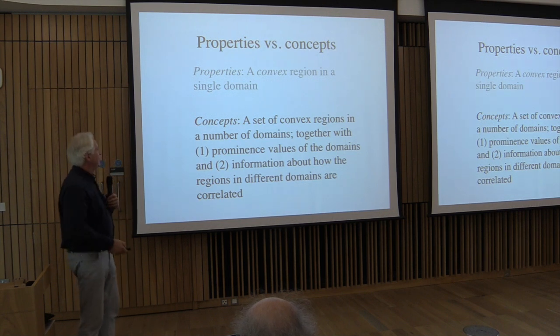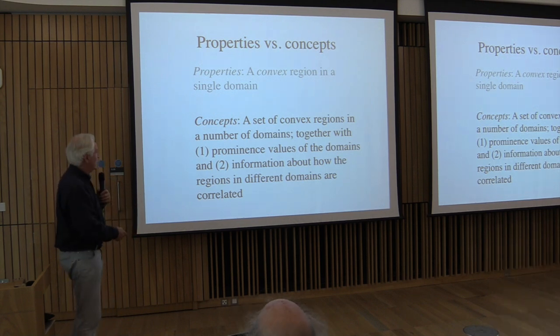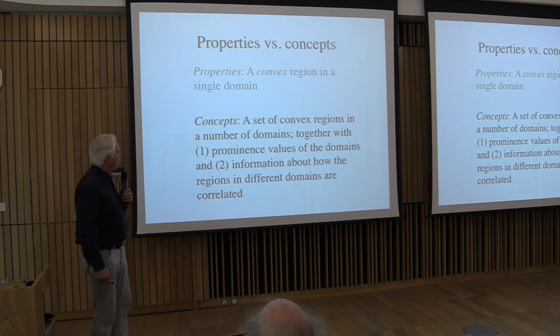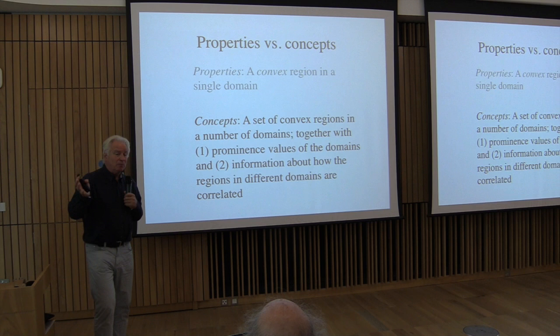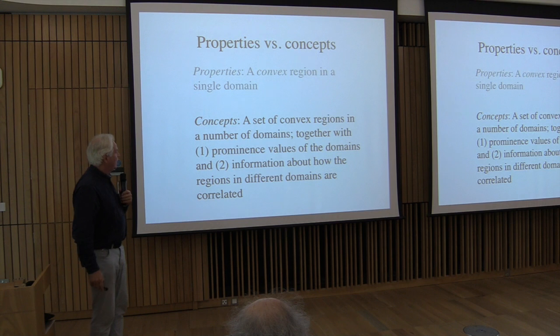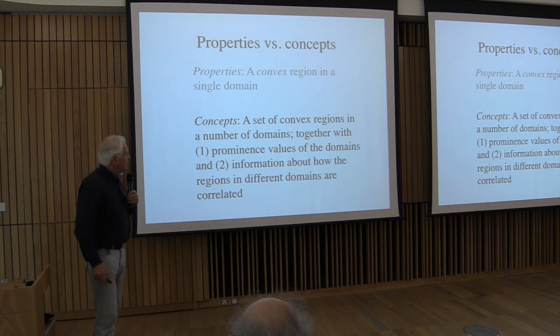So it's a set of convex regions in a number of domains. Well, I mean, the number could be one here, so property is a subclass of concept. And I talk about the prominence value of the domains. Some domains are more or less important here. And the other part is information about how the regions are connected. There are correlations between the domains.